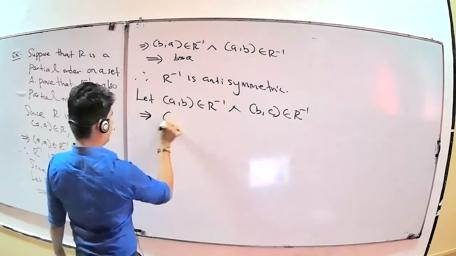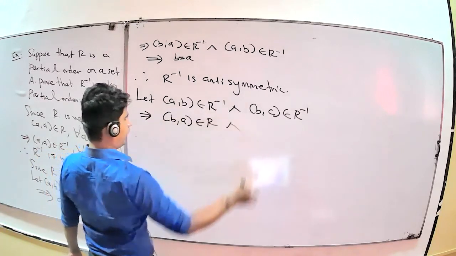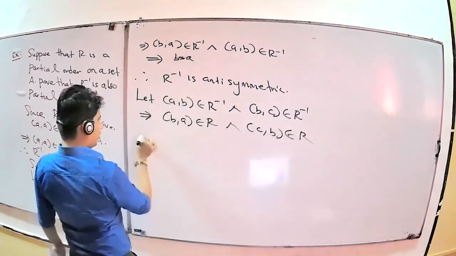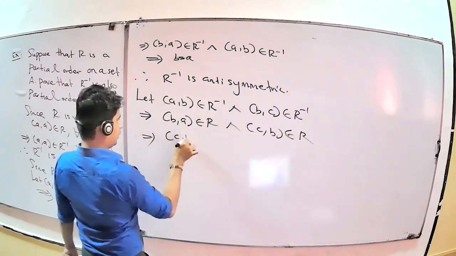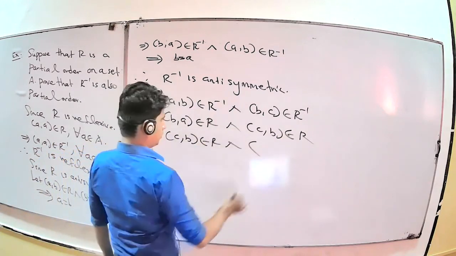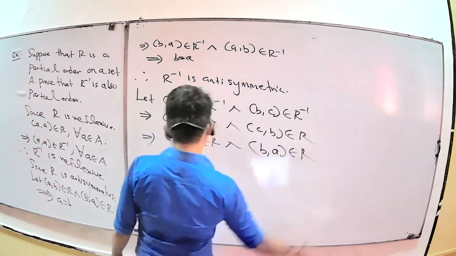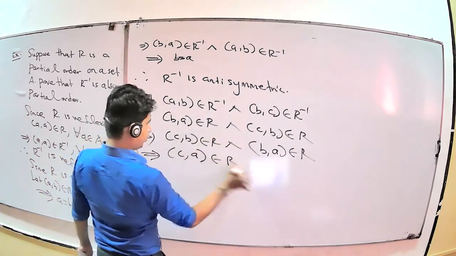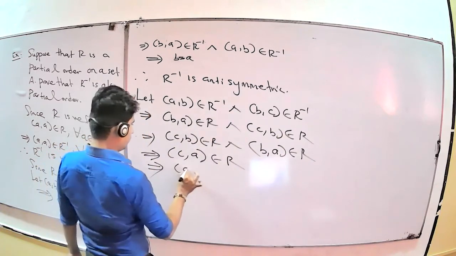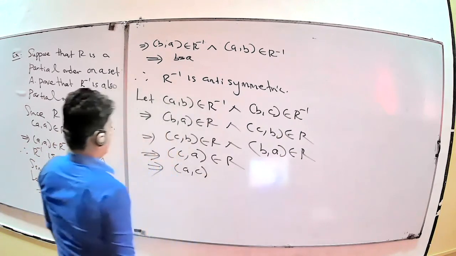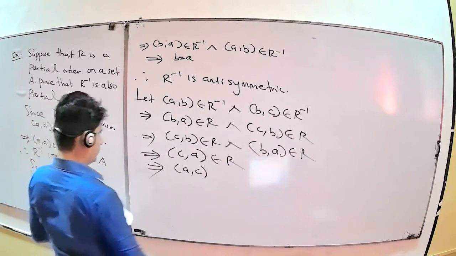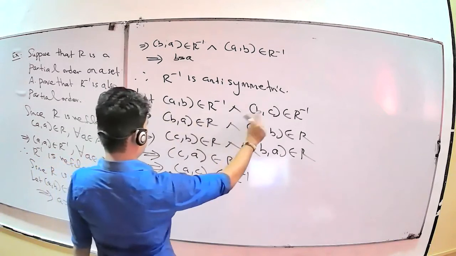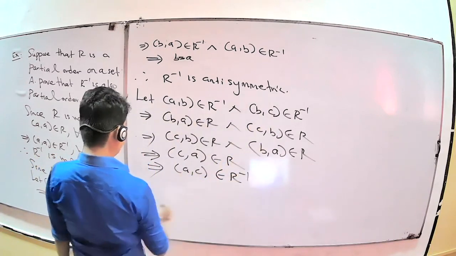You will write (b, a) belongs to R and (c, b) belongs to R. You can write first (c, b) belongs to R and (b, a) belongs to R. This gives (c, a) belongs to R, which means (a, c) belongs to R inverse.